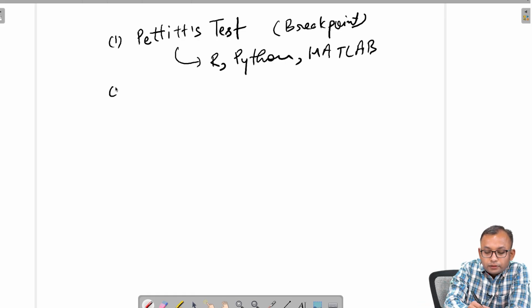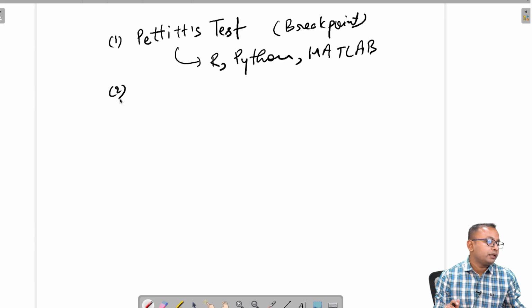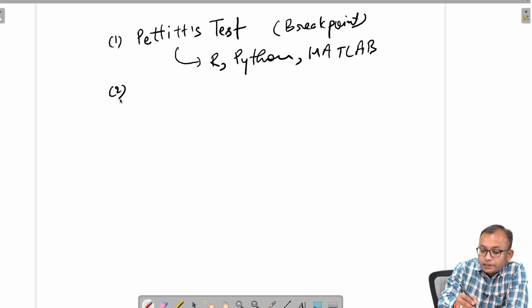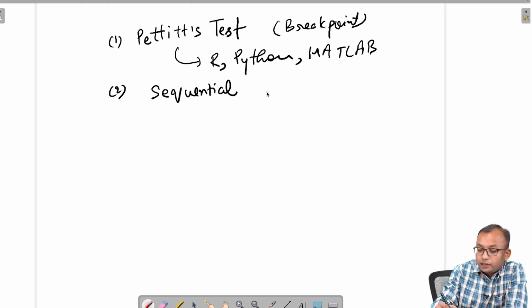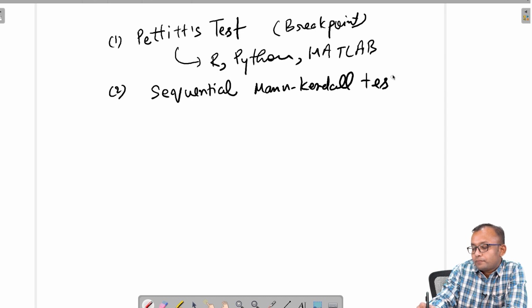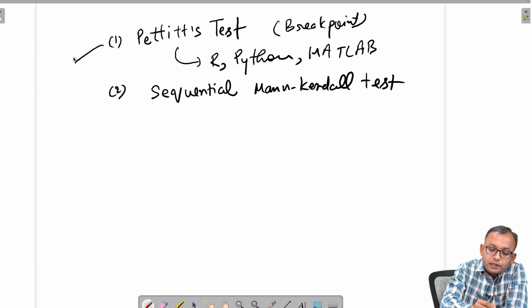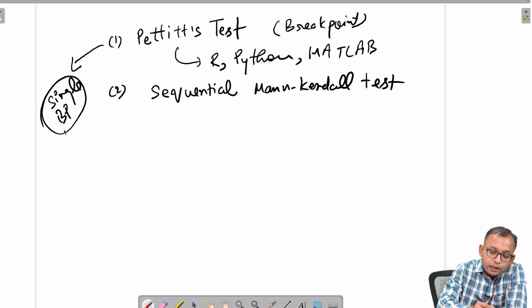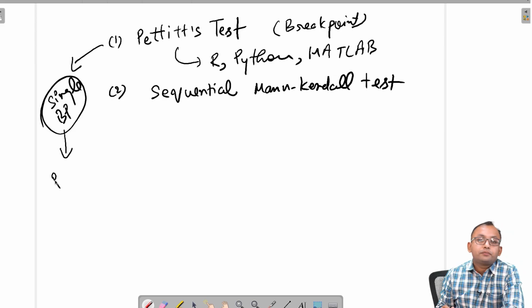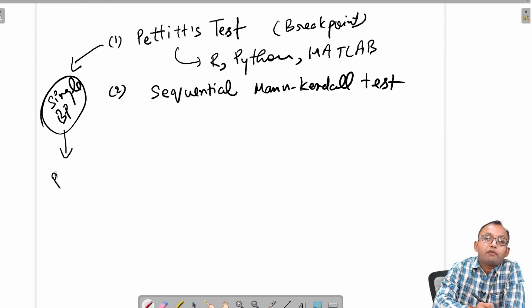The second very widely used method is called the sequential Mann-Kendall test. So, this test basically gives you a single breakpoint information, and it also gives you a p value and confidence interval value.